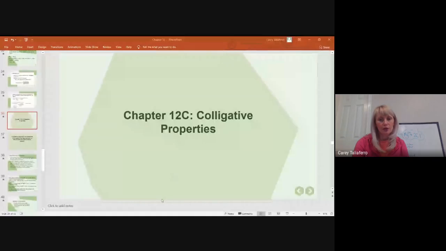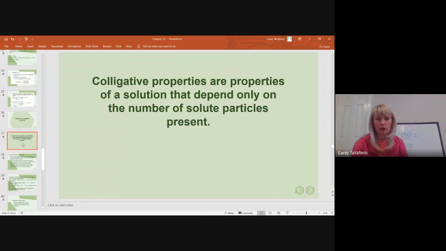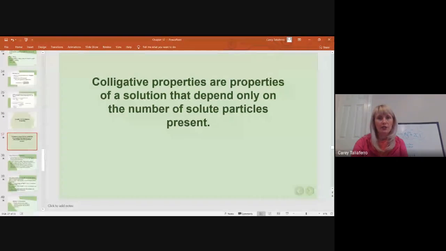Let me pull up my presentation here. So the colligative properties, what are those? Well, let's talk about that. The colligative properties are properties of a solution that depend only on the number of solute particles present.